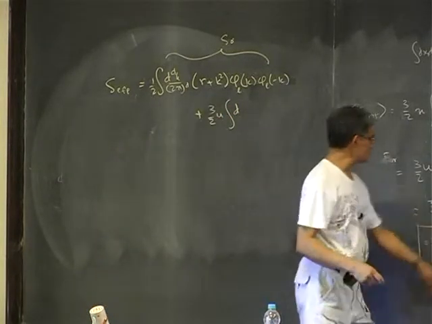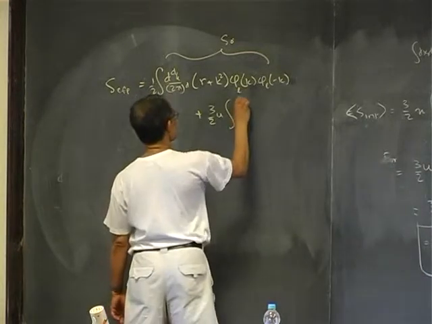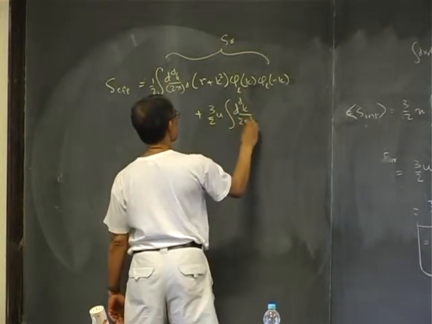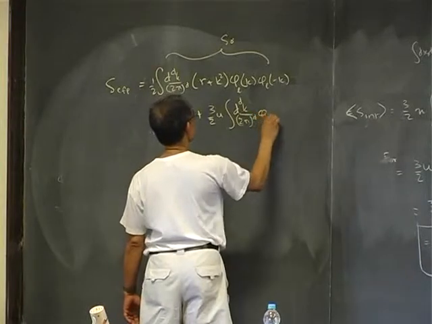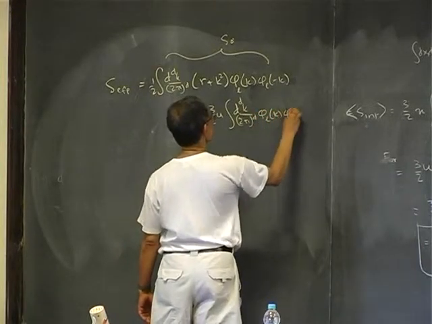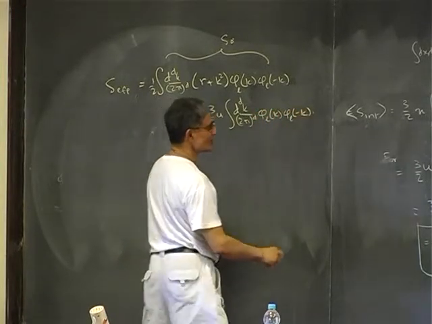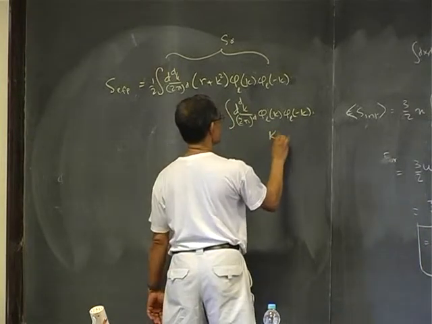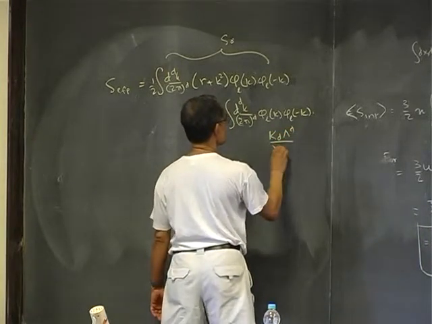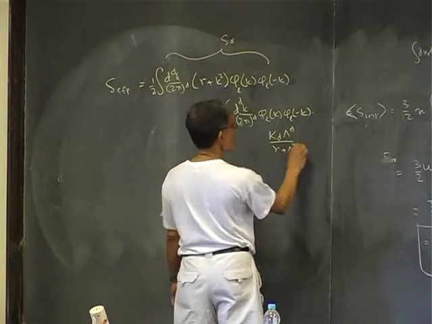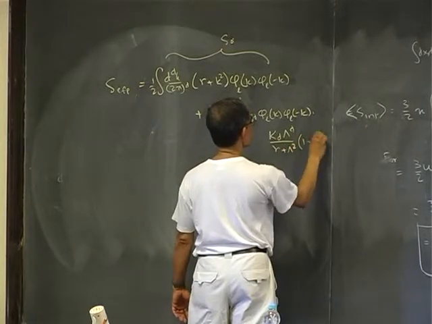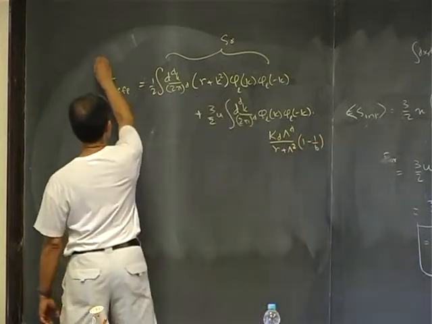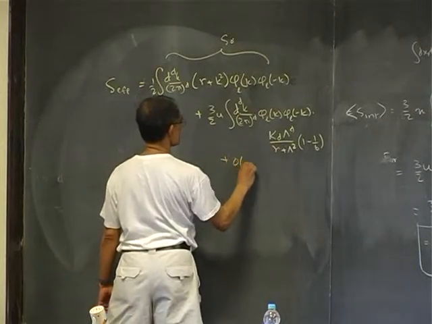I'll call this integral also dk, minus k, and times, plus order u squared.